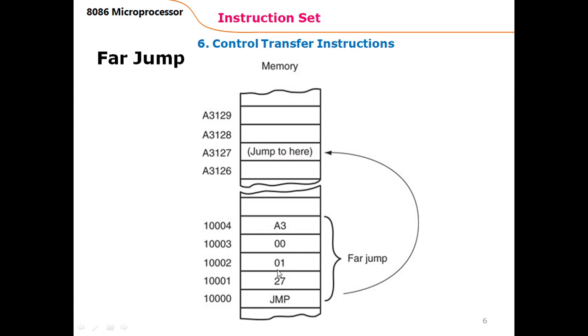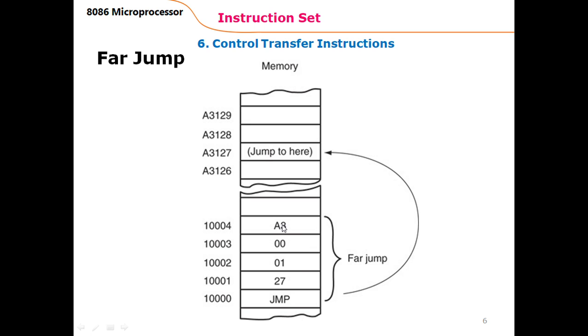And then this offset address, which is the new content of the instruction pointer, is added to this starting address, which is 8300 and an additional 0. This 127 is added, so it would give us 83127 as the new physical address. And this is the address of the next instruction to be executed.